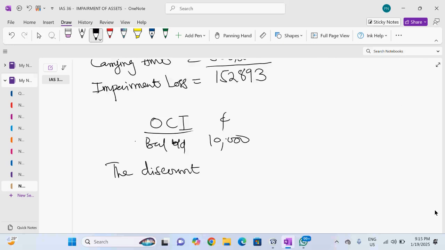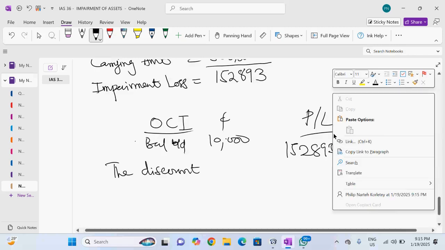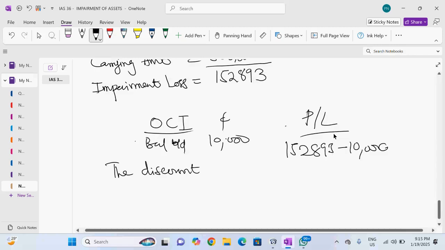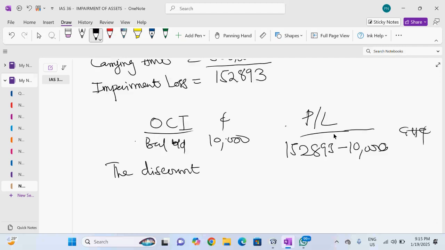The difference will still go to P&L: 1,52893 minus 10,000 is the amount that will go to P&L, because that is still a loss, debited to expenses.